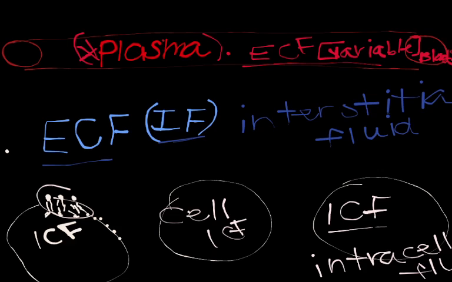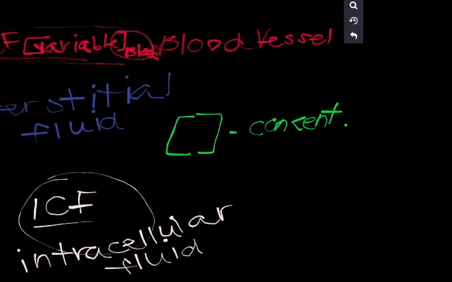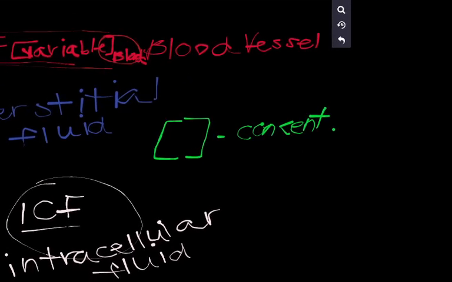And what does that mean? I ran out of room here. But this is telling you that there is a specific amount of something in a certain spot. So by this notation of concentration, you will also see me write of a certain type of fluid here.